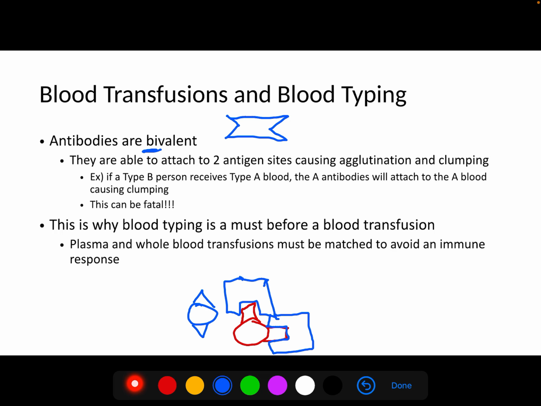They have to make sure that the blood types match up and it's a safe interaction to prevent an immune response. So some people might get plasma transfusions or blood transfusions, depending on maybe they're anemic and things like that. Maybe they have a surgery and they need blood transfusions because they lose too much blood throughout the surgery. All of that has to be taken into account.